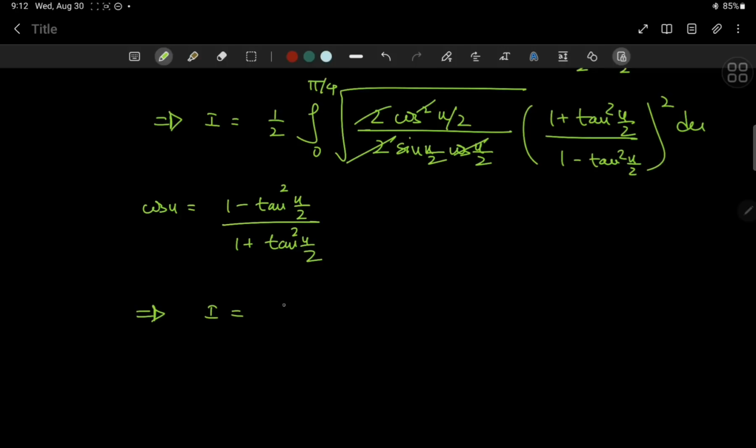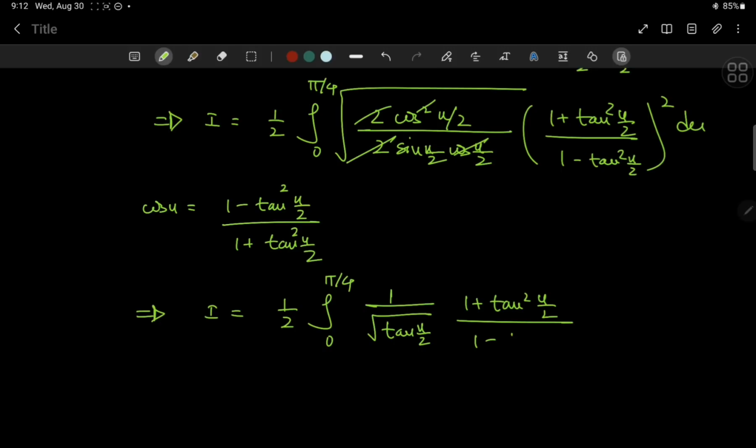So I is in fact 1/2 the integral from 0 to pi by 4 of the square root, and this can be written as the cotangent, so let's just write this as the reciprocal of the square root of the tangent of u by 2 times 1 plus the squared tangent of u by 2 divided by 1 minus the squared tangent of u by 2, all squared, integration with respect to u.